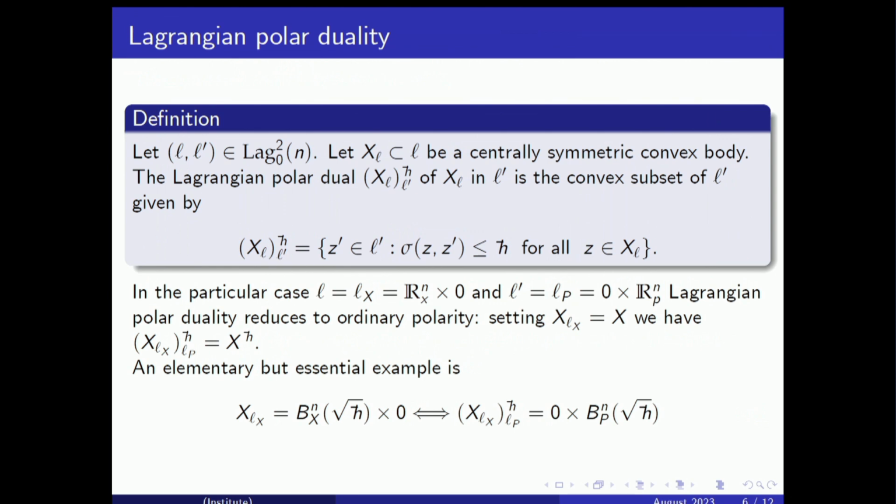Good, so now Lagrangian polar duality. It's a variant of the usual notion of polar duality. I take a Lagrangian frame, I take an ellipsoid X_L supported by L. I suppose that this ellipsoid is centered at the origin, and then I define X_{L,L',h bar}, that is its polar dual with respect to L prime, by this formula here.